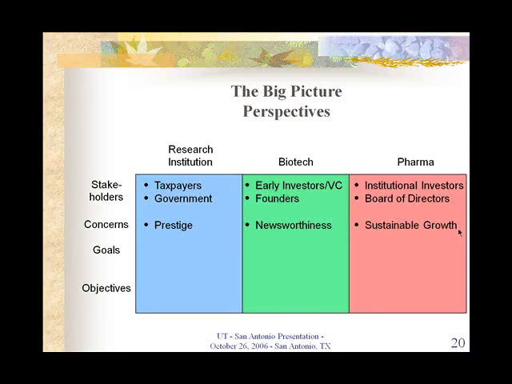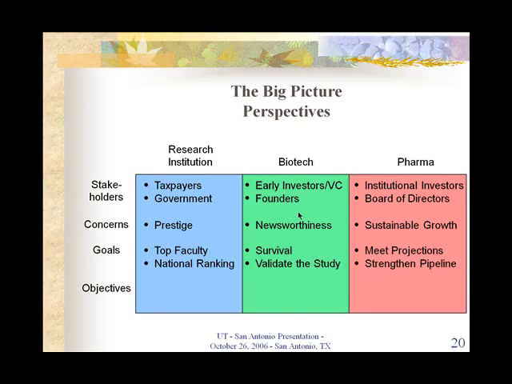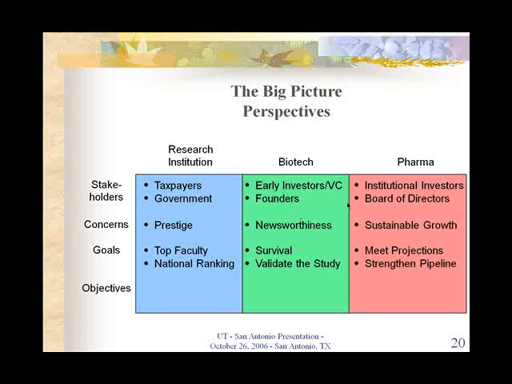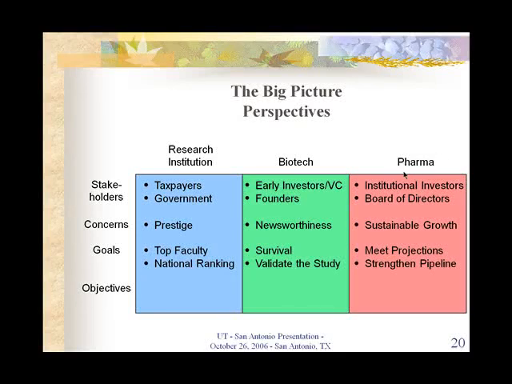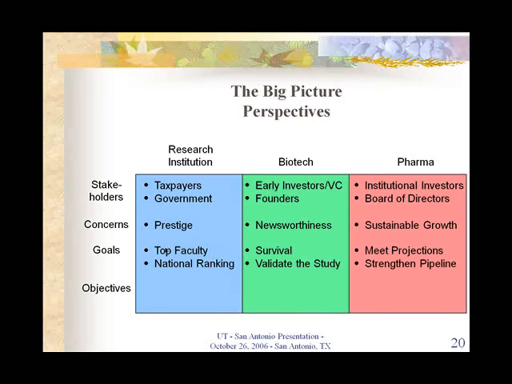And of course sustainable growth is the primary concern of pharma. Remember, patents have a 20-year life cycle, and so as big pharma's patents run out, they need new things to come in. That's a big part of substantial growth.